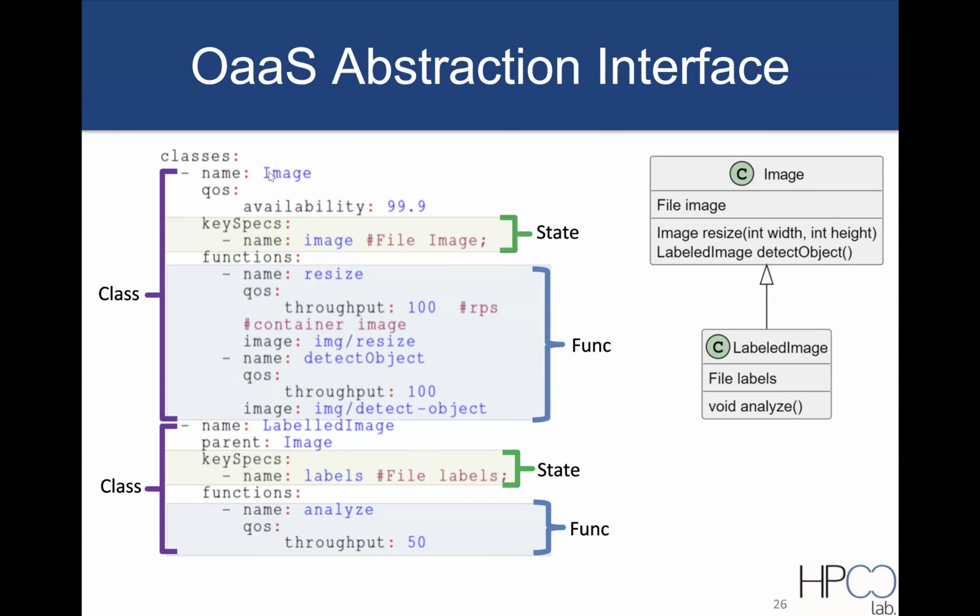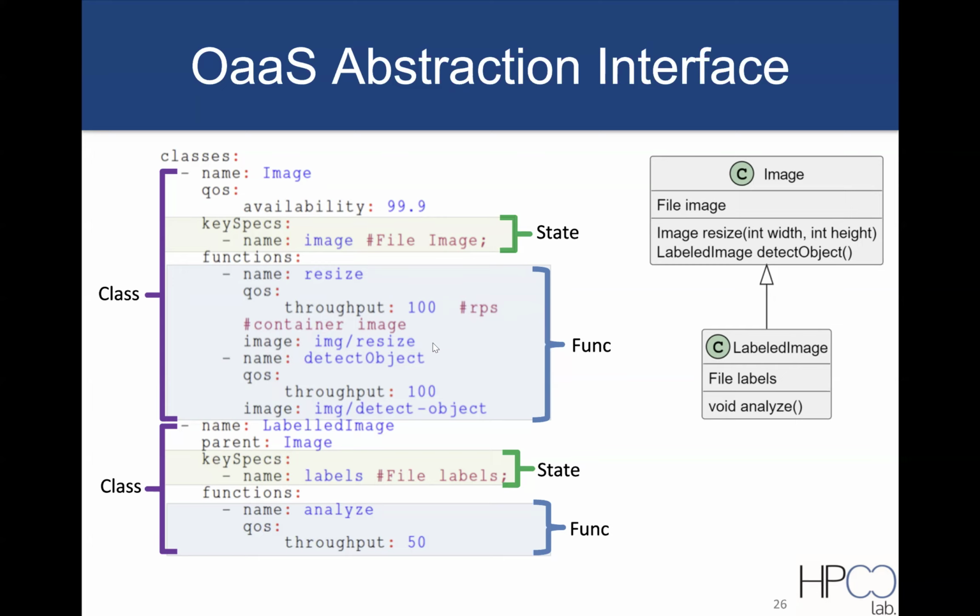So we have the image, and then you can extend the features of the image. In this example, you have two functions, resizing and detect object. And then you can see there is an image. In this case, it's not an image anymore; it means container image. Previously, you could put any container image that you want to deploy, it could be from Docker Hub or a GitHub registry URL, and put it here, and then you deploy it.